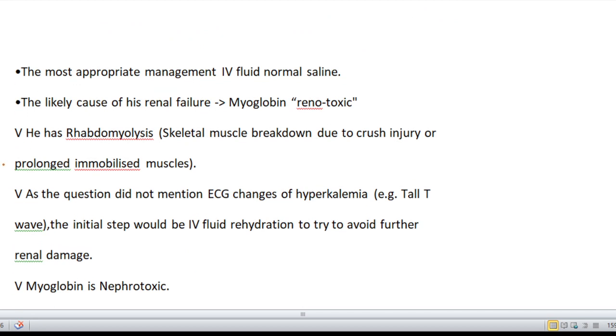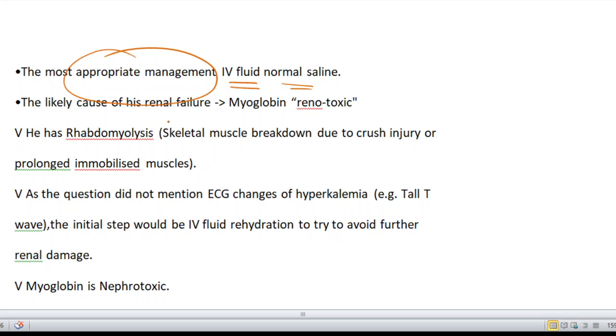They are asking about the most appropriate management. This will be IV fluid, normal saline. As I told you, IV fluid will increase the GFR, dilute the myoglobin, and decrease the duration of contact between the myoglobin and tubules.